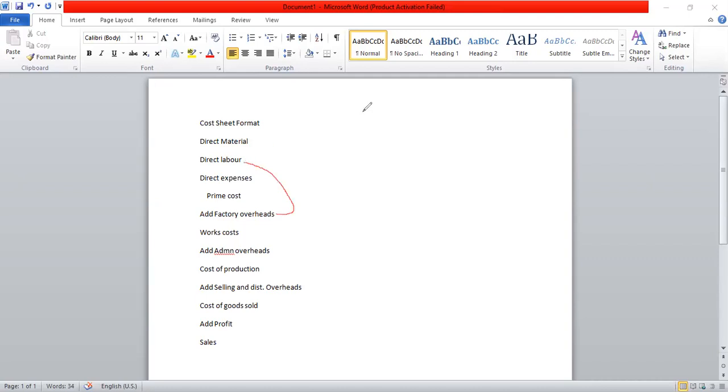So what's the logic? The logic is, if direct labor in the previous period was some amount, and this amount represents 100%, then the factory overheads in the previous period would also have been incurred, and this amount is now converted as a percentage of direct labor.